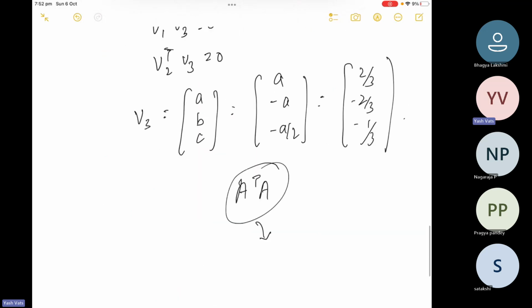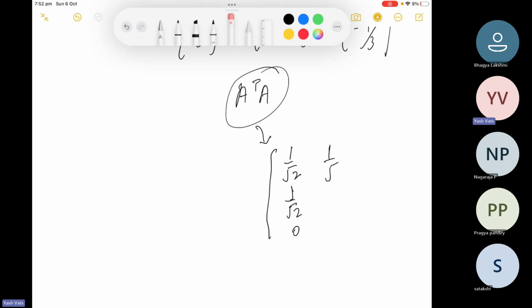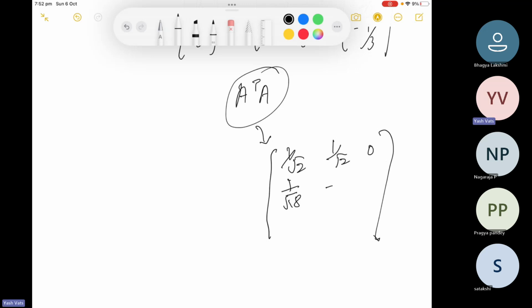So we get V transpose as 1 by root 2, 1 by root 2, 0, then, because it's transpose, we have to take this: 1 by root 18, minus 1 by root 18, 4 by root 18, then 2 by 3, minus 2 by 3, 1 by 3.